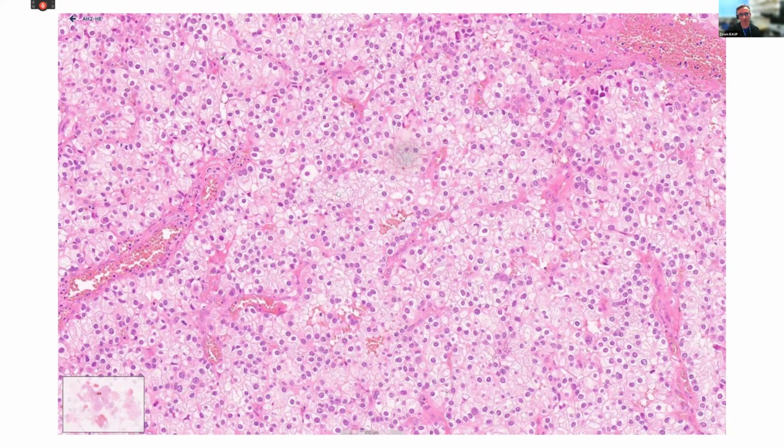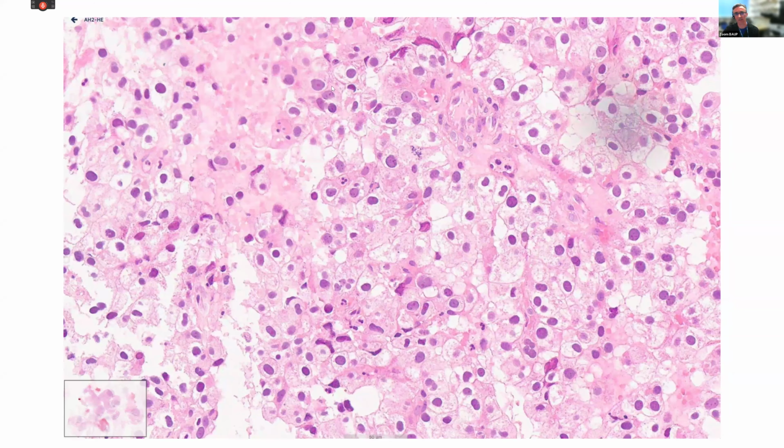And at slightly higher power again, most of them do appear clear. There is a reasonable cell border around. They're quite easily seen. I wouldn't say they were very prominent, but they're easily seen. Again, we appreciate the very rich vascular supply throughout the tumor.